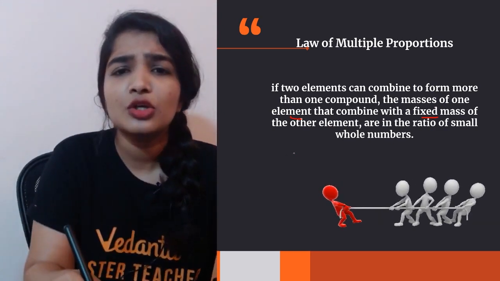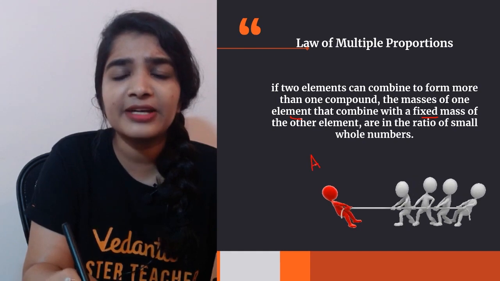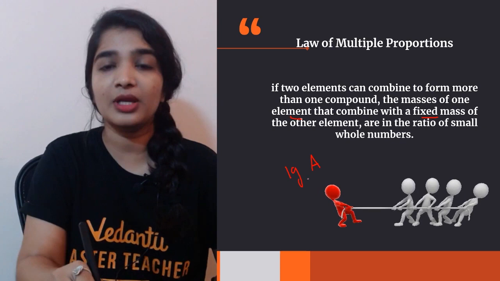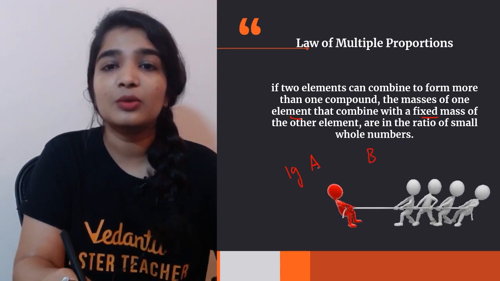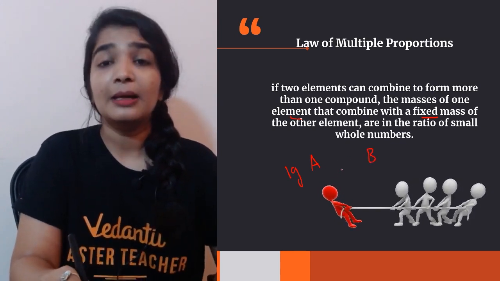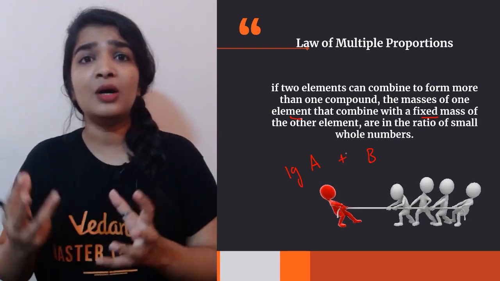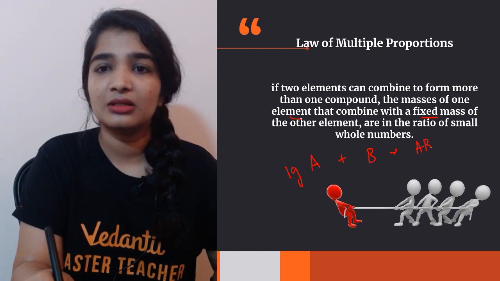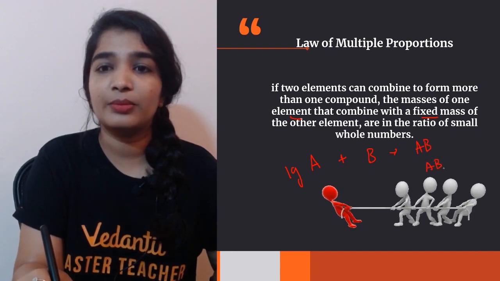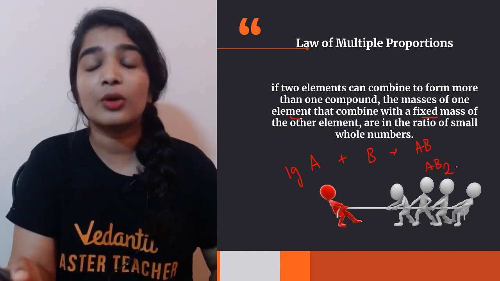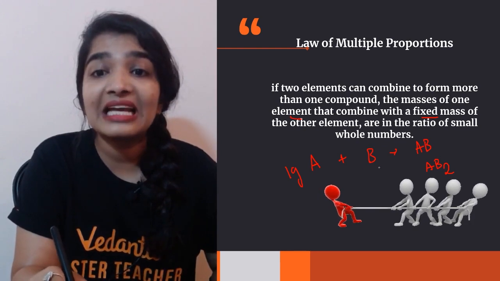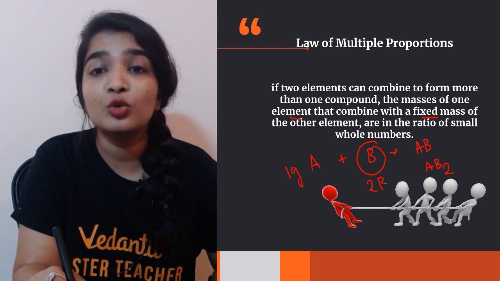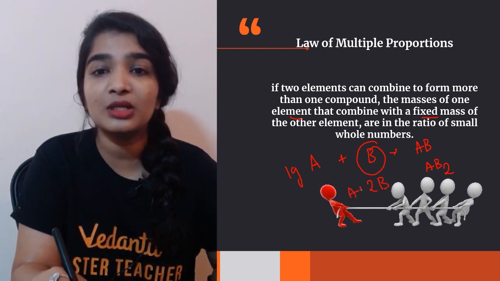Confusing, eh? Okay, I'll take A as the fixed element, 1 gram. It will combine with B, but the type of compound will vary. One will be AB, and again it will form AB2. So if you take the ratio of B and 2B, because AB2, right? So it should be 2B.